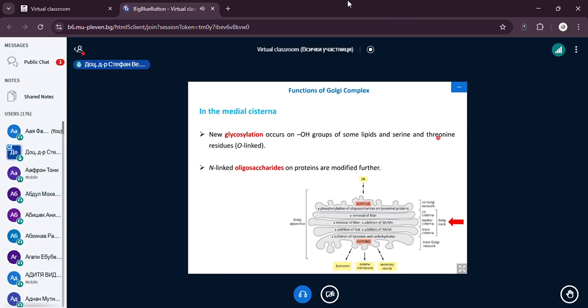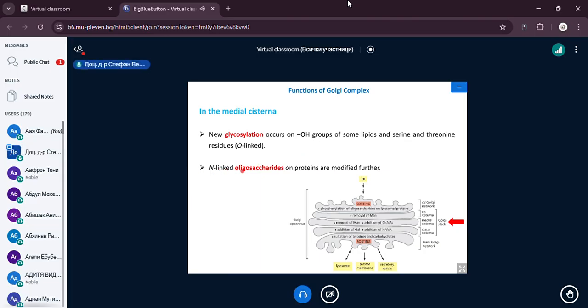So now we have glycosylation on new amino acids, the serine and threonine. This is called O-linked glycosylation because the oligosaccharide chain is added to a hydroxyl group.